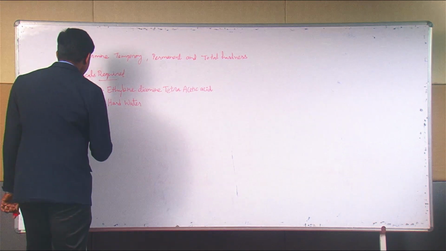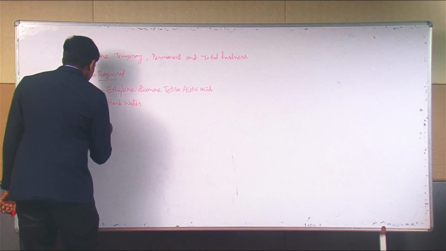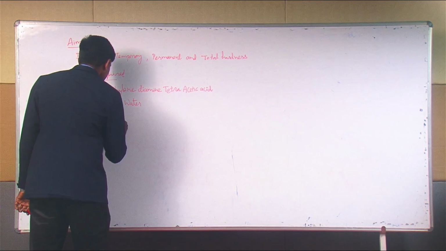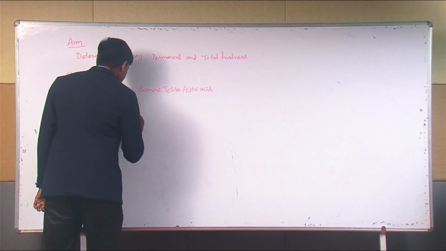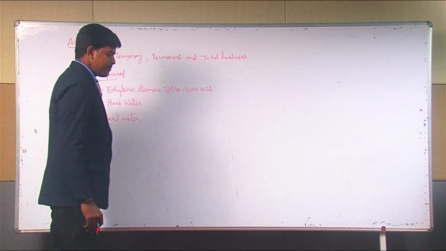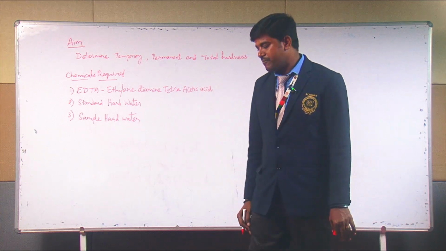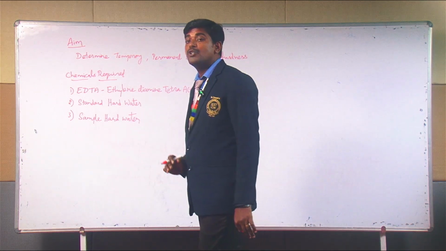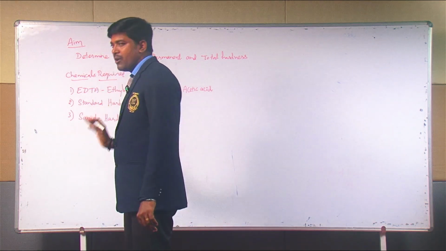And then sample hard water. A sample hard water is used in the estimation of hardness or estimation of total hardness. In the second iteration, we will use the sample hard water.